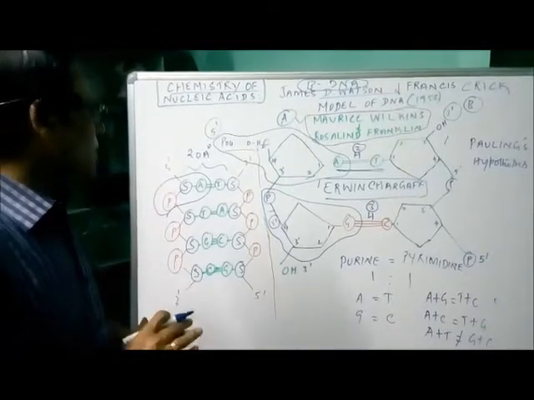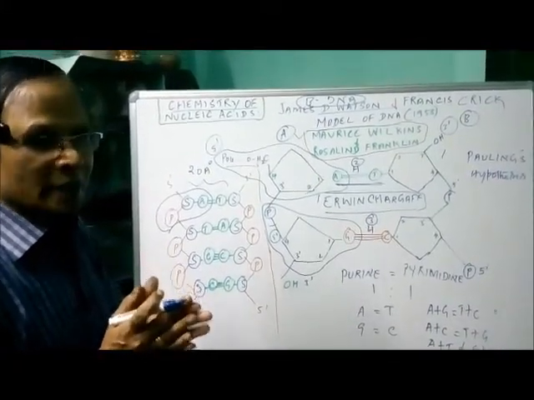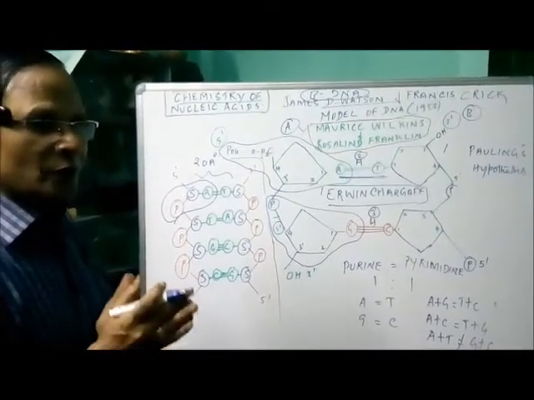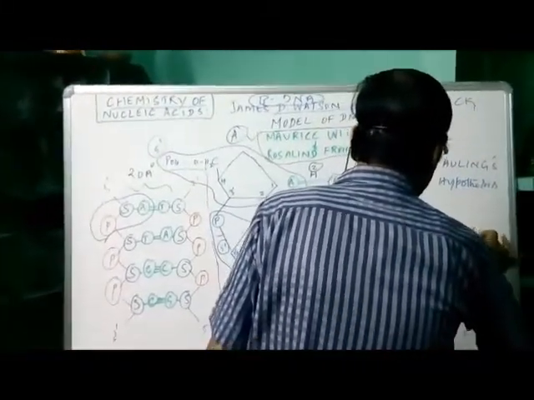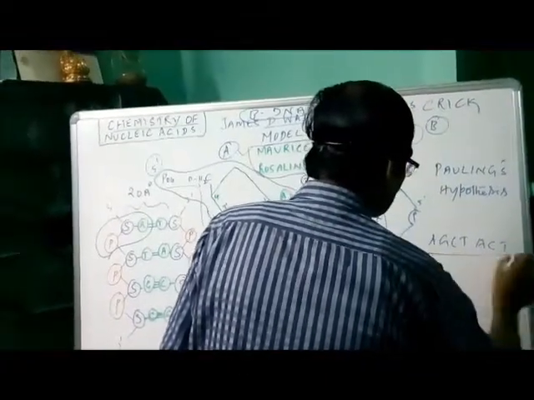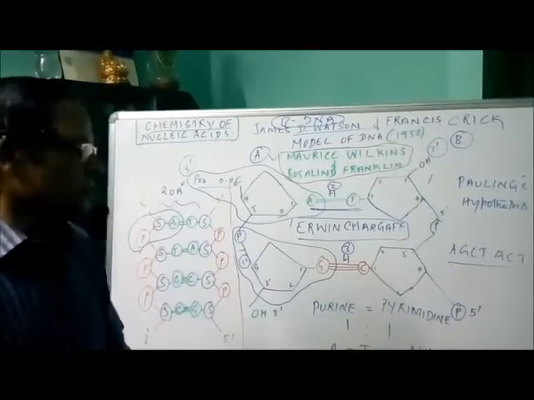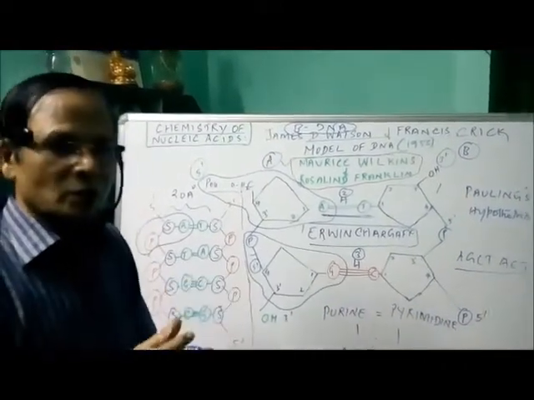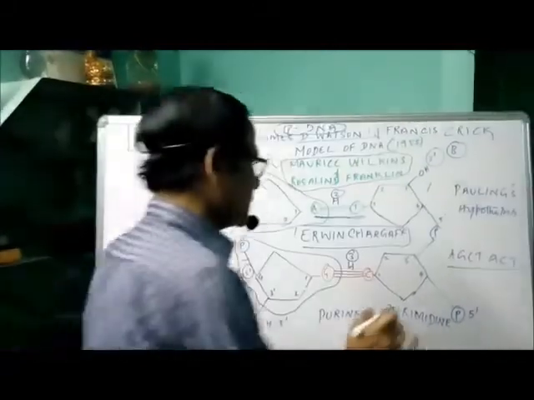There are also many problems related to base pairing, which we don't want now. Now the two chains exhibit complementarity. The two chains are complementary to each other. If we know the sequence of one chain, for example A, G, C, T, A, C, T, one can predict the bases found in the opposite chain.